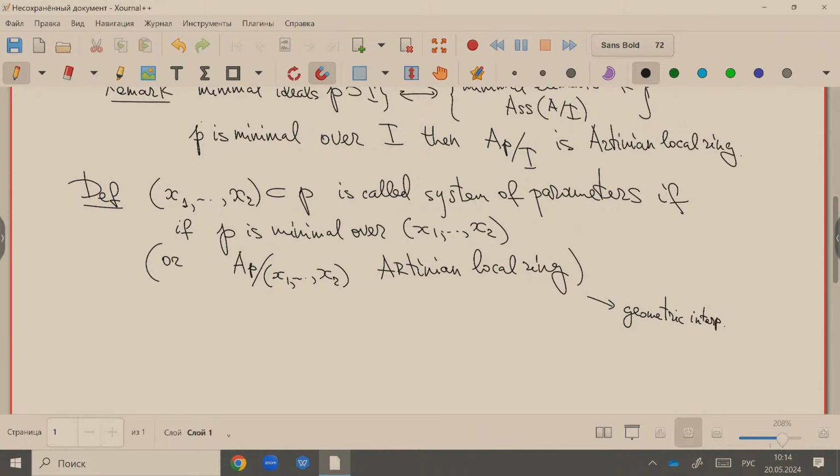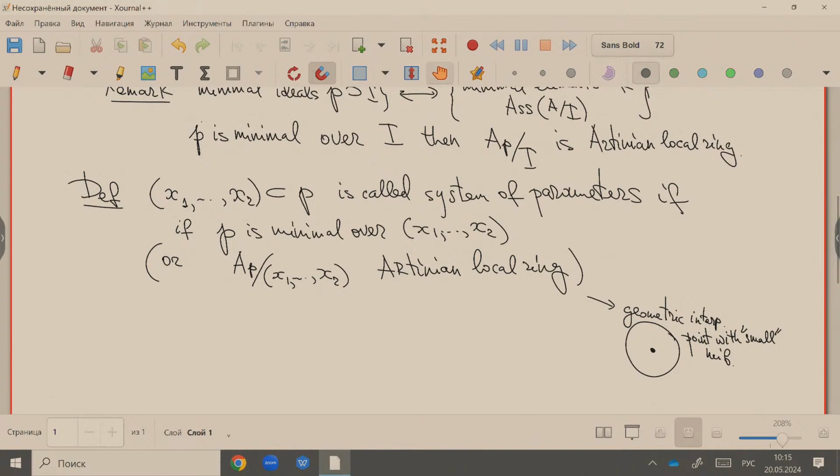If you have an Artinian local ring, it plays the role of a point with a sufficiently small neighborhood. We are speaking about a point because the object is zero-dimensional.